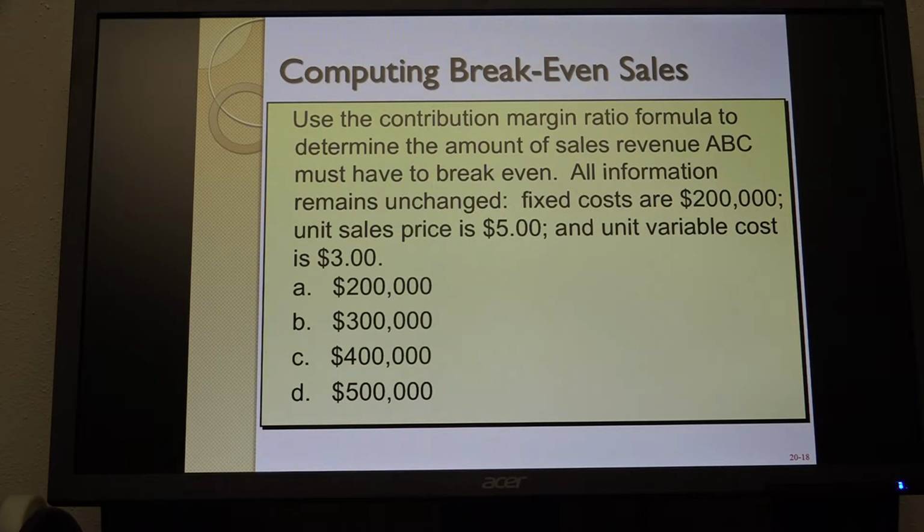Use the contribution margin ratio formula to determine the amount of sales revenue ABC must have to break even. All information remains unchanged. Fixed costs are 200,000, unit sales price is $5 per unit, and unit variable cost is $3. So we kind of already figured this out, right?